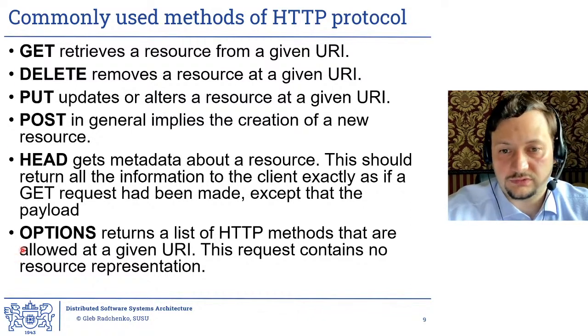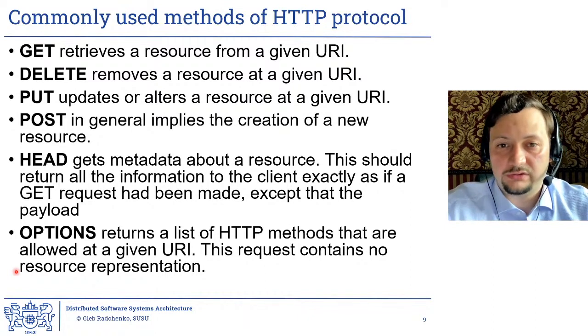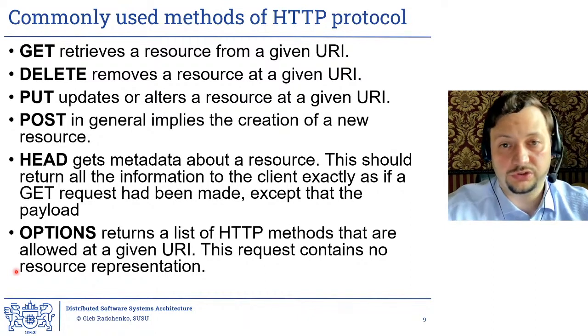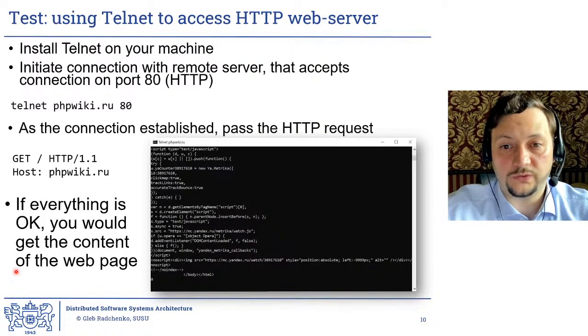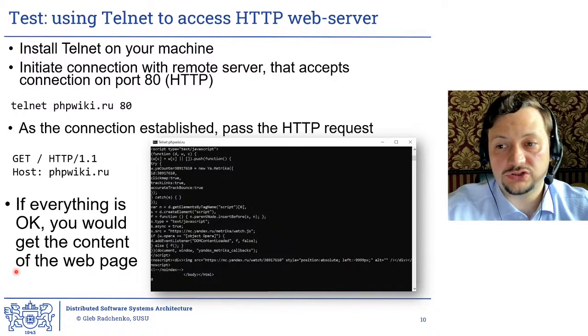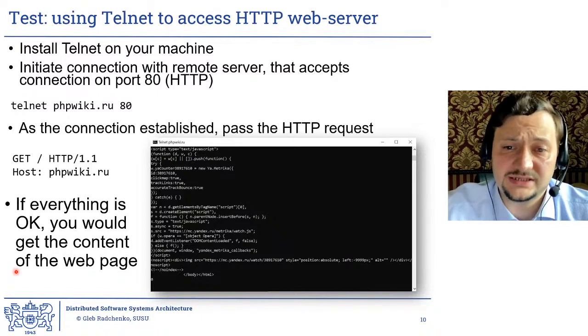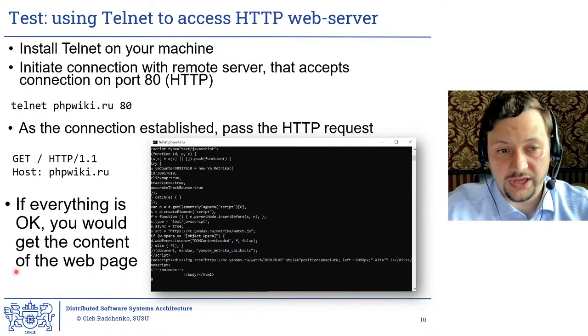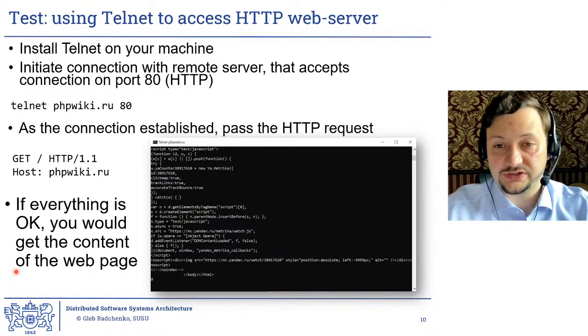So this is very, very convenient, that you can use just text to connect and work with the remote server. If you can use just text to work with the remote server, that means that you can even use some standard text-based tools to access remote HTTP services.